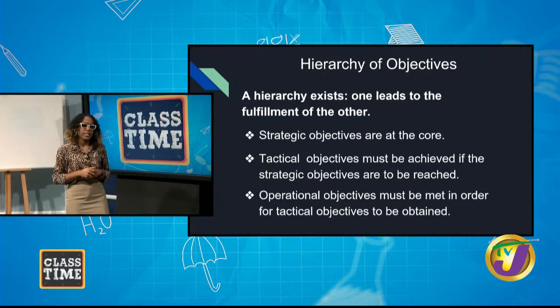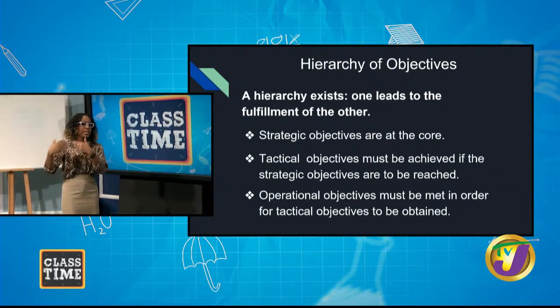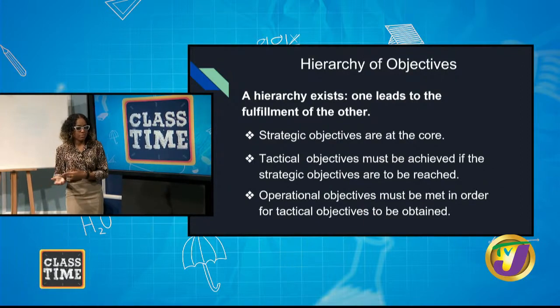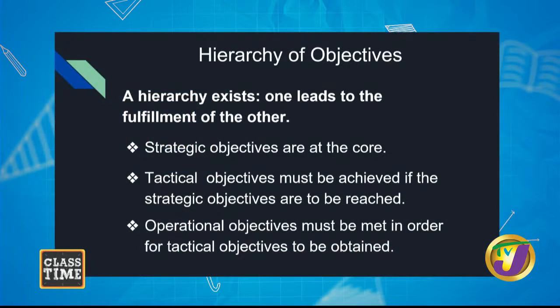So I hope you're seeing why we stated the levels of objectives, all right? And the final one that we will be looking at for today's class is operational objectives. In order for us to meet these objectives, we must ensure that tactical objectives are obtained.